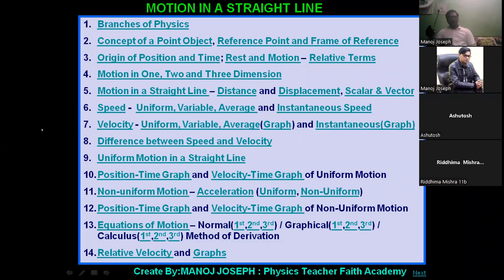So normal equations, first, second, and third, and graphical, first, second, and third, and calculus, first, second, and third. The method of derivation, I already explained it in your class, and the relative velocity. So major portion we have already covered. I will just try to revise it. Okay, let's start.